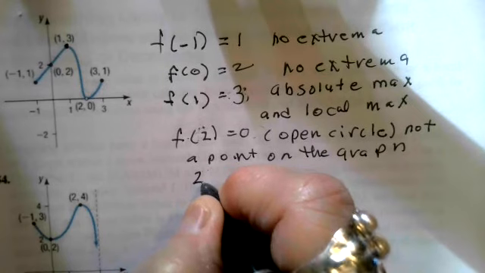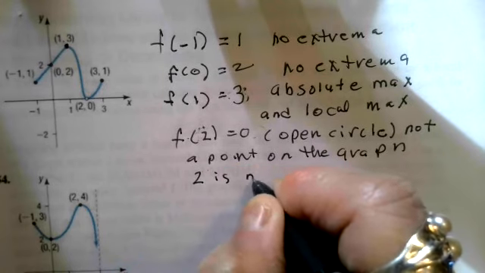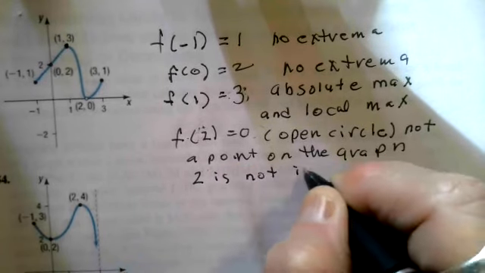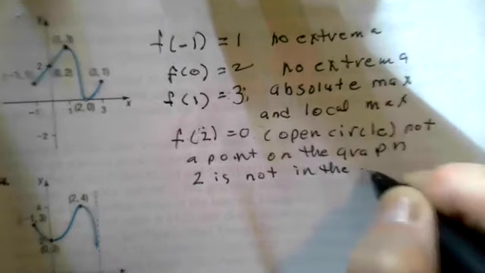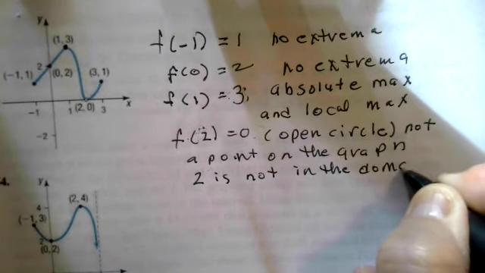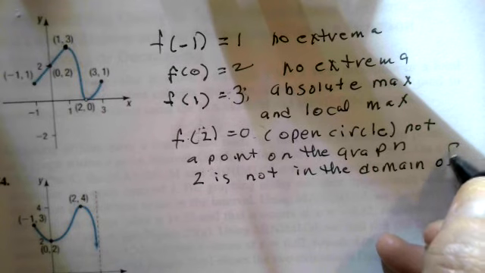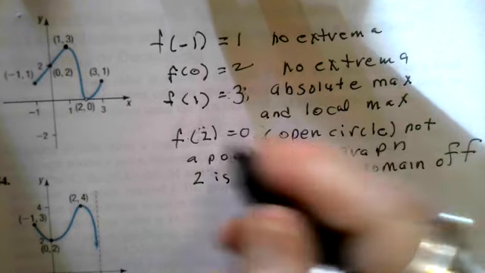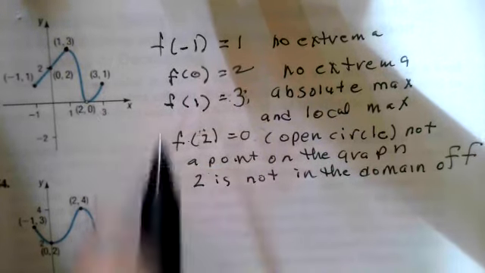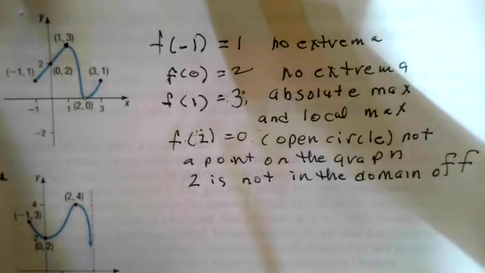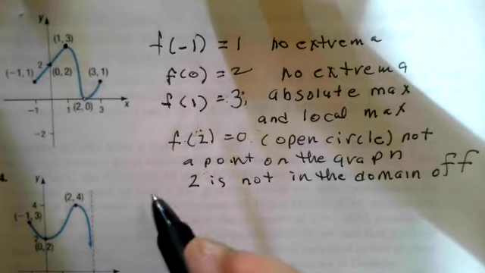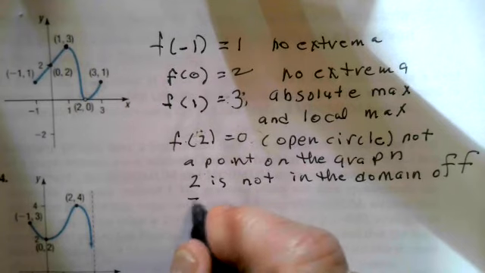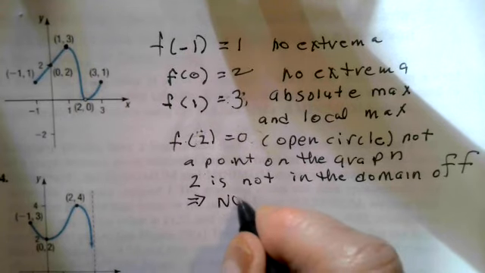So that means that 2 is not in the domain of f. So, I mean, if this point is not even on the graph, then it can't be an extrema. So what that means is no extrema here.